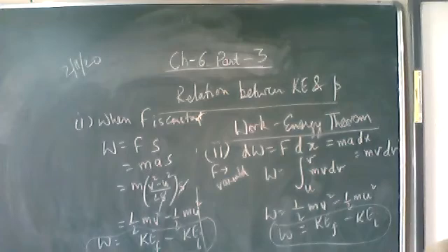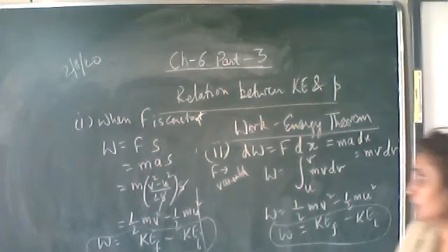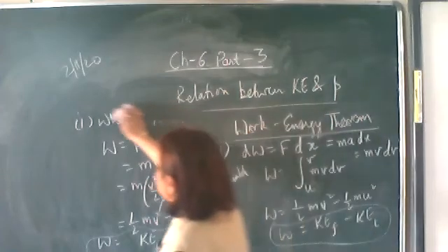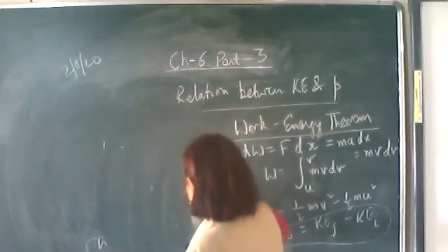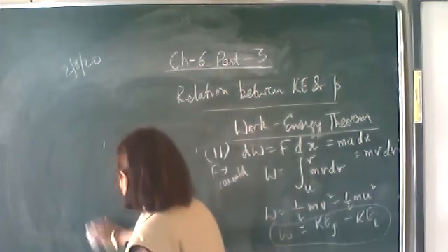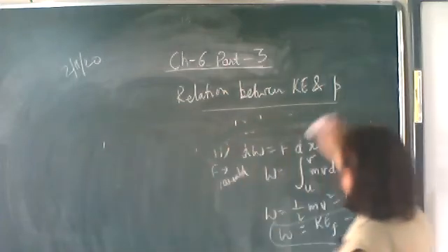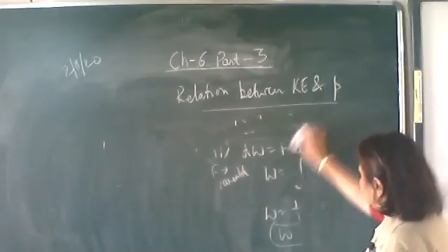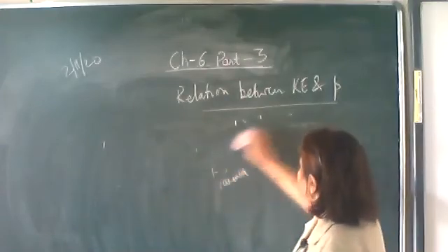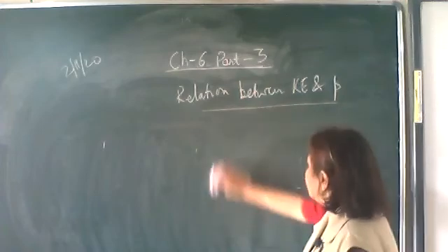Next, write down potential energy. How is potential energy defined? It is due to the position or due to the change in the configuration of the object. The energy possessed due to the change in position or configuration, we call the potential energy.